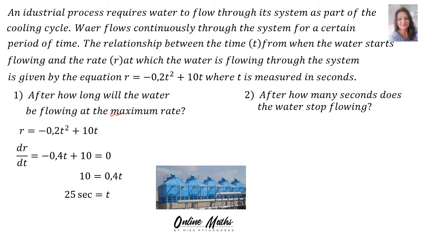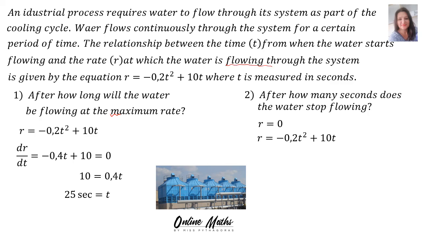Question 2. After how many seconds does the water stop flowing? This is all happening at r is equal to 0, but not the derivative. This is the original equation, since the original equation was for the flowing of the water through the system.